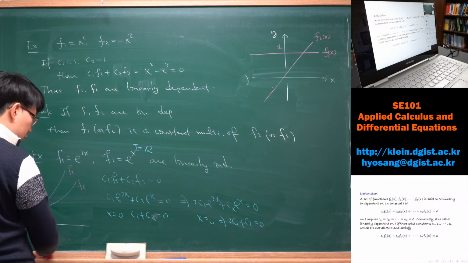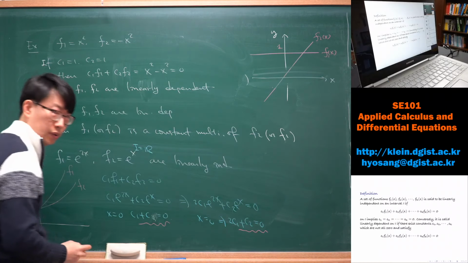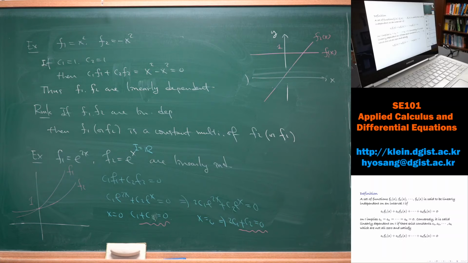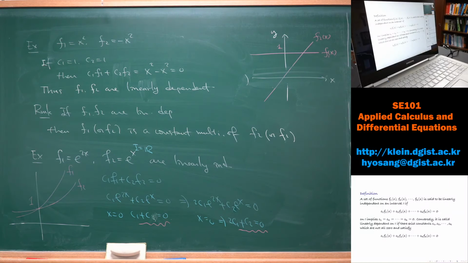So we have two equations: one is c1 plus c2 equals 0, and the other is 2c1 plus c2 equals 0. If you find the solution to this system of equations, the only solution is c1, c2 equals 0. So these two functions are linearly independent. Does it make sense?